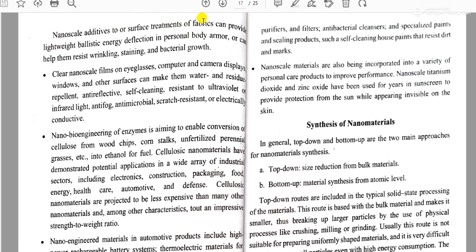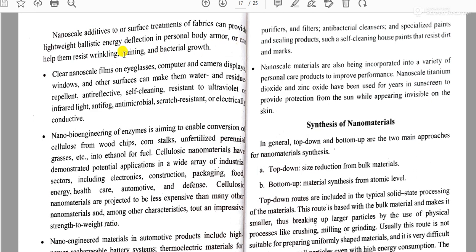So as a result of this, these fabrics can be converted to lightweight ballistic energy deflection in personal body armor for security purposes and all. This type of fabrics can be used so that it can prevent the ballistic penetration of small bullets and all.